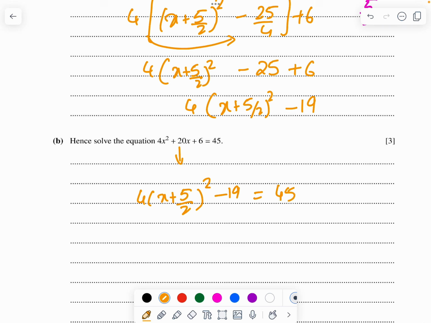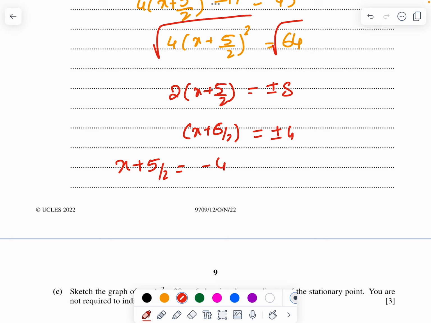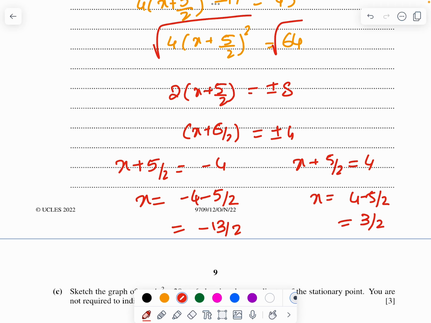So you get 2 times (x plus 5 upon 2) equals plus minus 8. So x plus 5 upon 2 equals plus minus 4. One time minus, one time plus. Negative 4, or positive 4. So x equals negative 4 minus 5 upon 2, which is negative 13 upon 2. Then next time x equals 4 minus 5 upon 2, which is 3 upon 2.